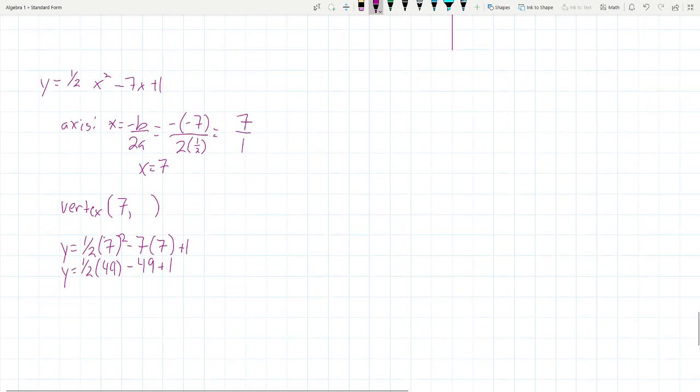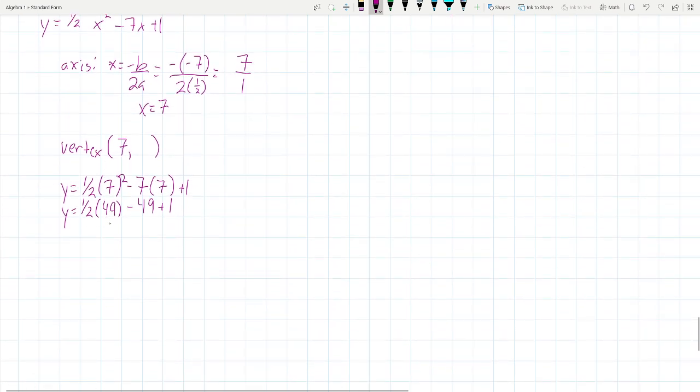Let's see. This becomes 24.5 plus, or oops, minus 49 plus 1. So y equals negative 24.5 plus 1. So y equals negative 23.5.